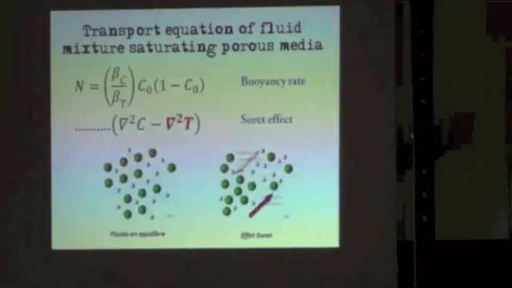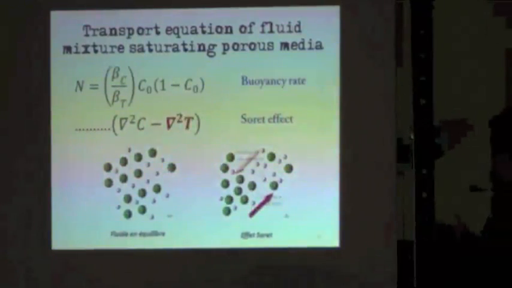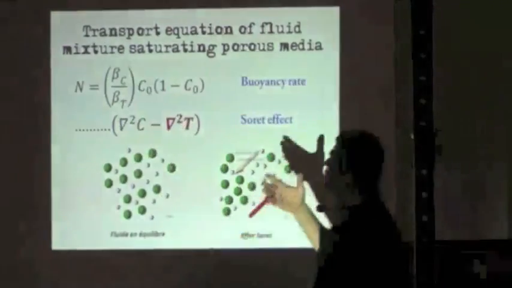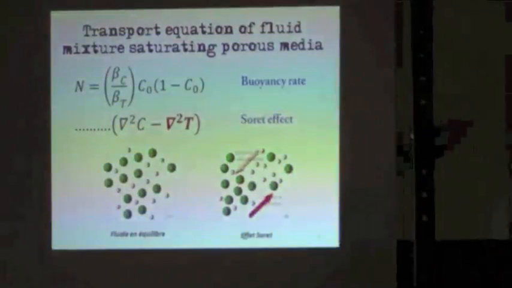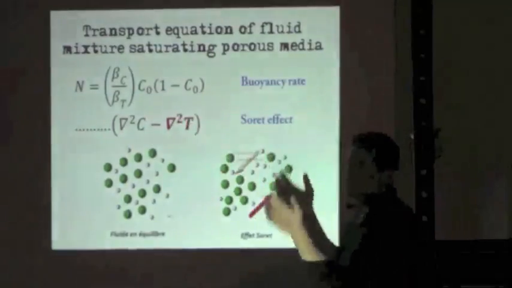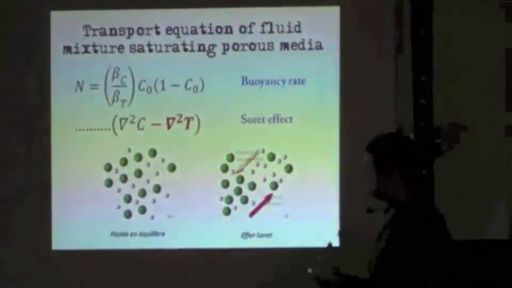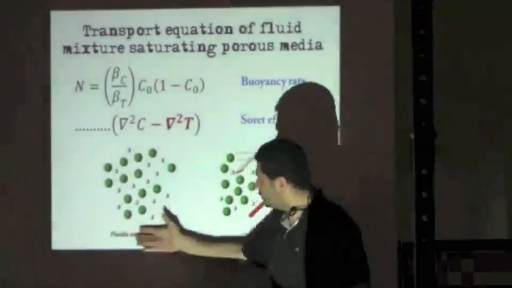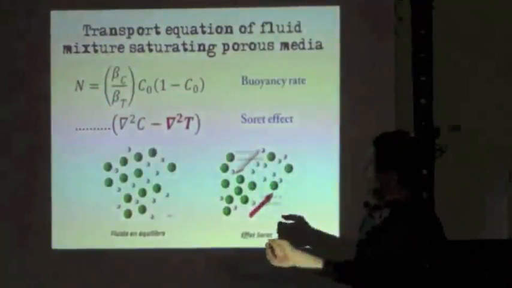What's N? It's the buoyancy ratio. It relates the concentration of one of the components and the coefficient of expansion of the liquids. And the Laplacian of T in the equation of concentration is the Soret effect. The Soret effect is a natural effect. Here we see a fluid in equilibrium.